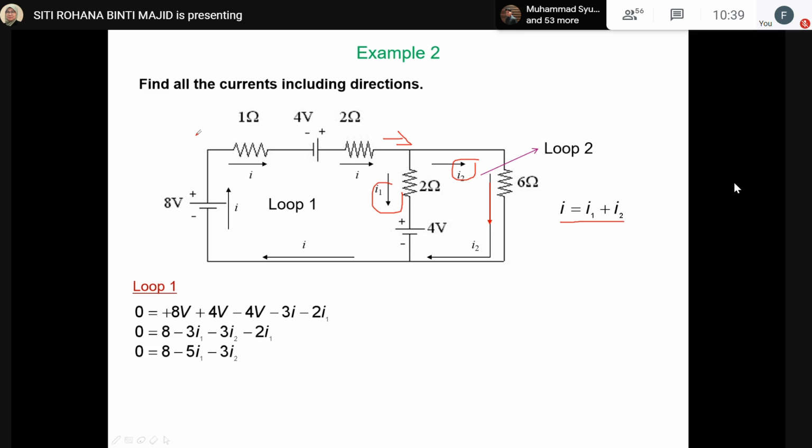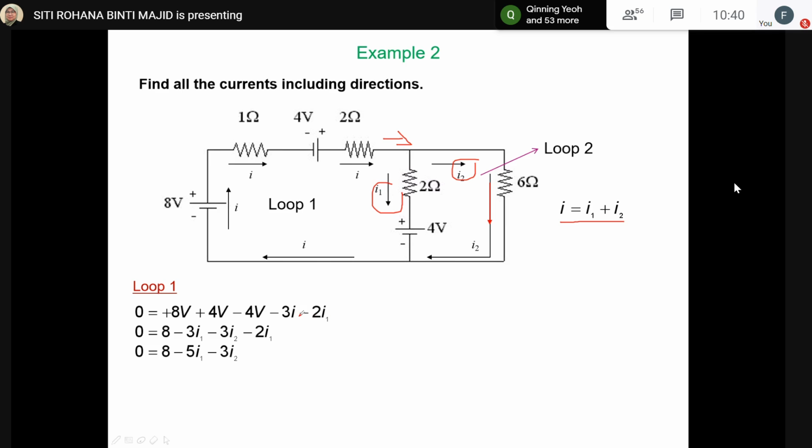Then for the load, 1 and 2 become 3 ohms for current I, but the 2 ohm experiences current I1.